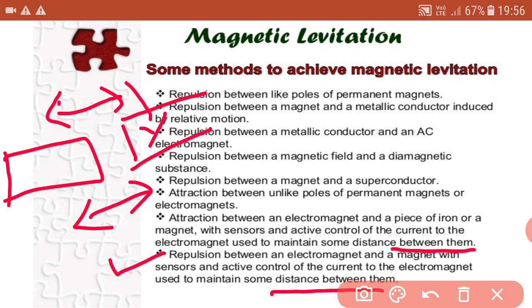By adjusting the distance between these two, we can control this repulsive force, and we can use this for magnetic levitation.